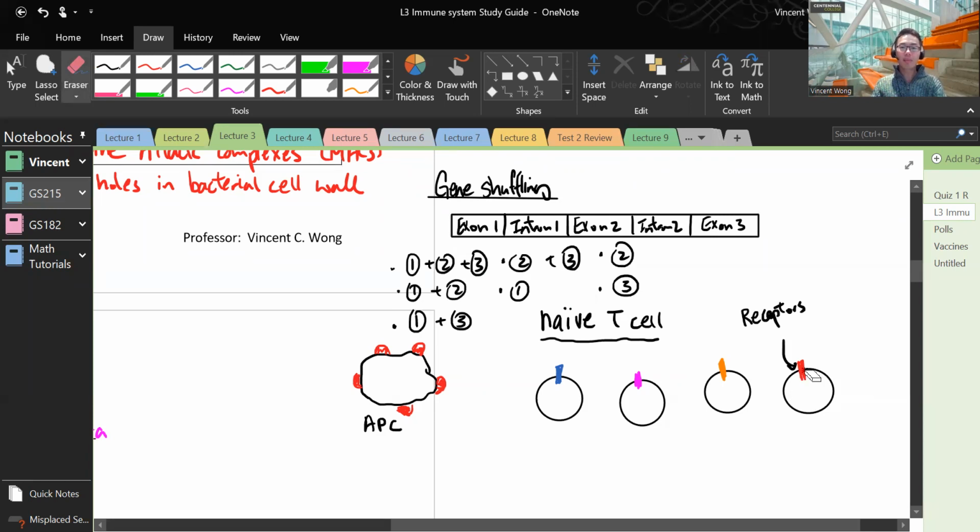Okay, so what is the purpose of these receptors? These receptors are going to have a key and lock relationship with these antigens. Here I use color to represent it.